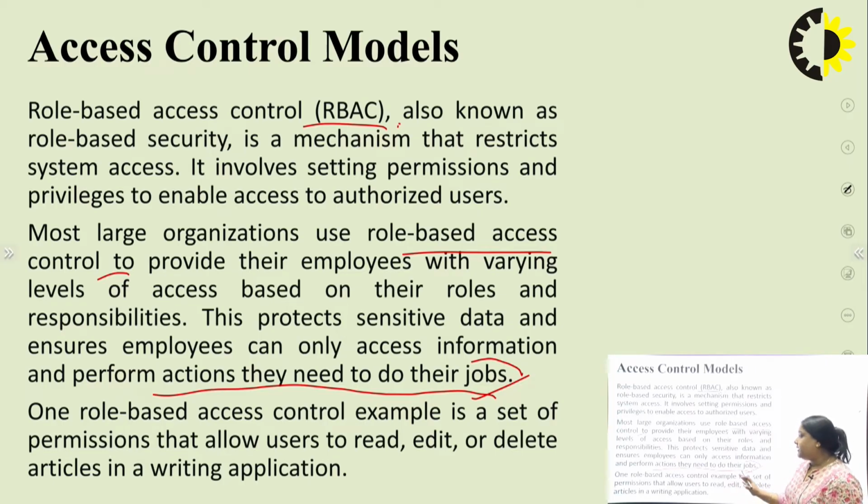One role-based access control example is a set of permissions that allow users to read, edit or delete articles in a writing application. So this is an example of role-based access control.